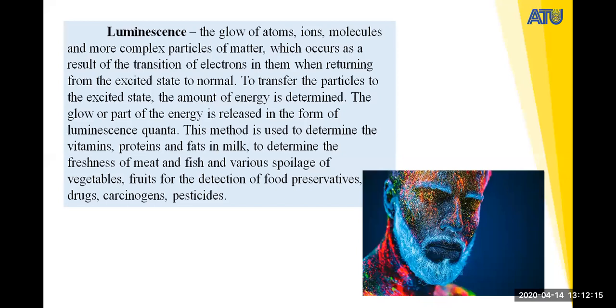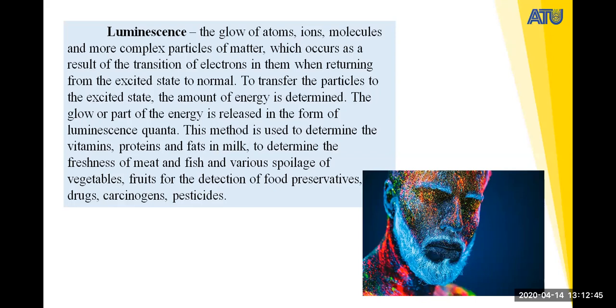Next slide about luminescence. Luminescence is the glow of atoms, ions, molecules, and more complex particles of matter, which occurs as a result of the transition of electrons in them when returning from the excited state to normal. To transfer the particles to the excited state, a certain amount of energy is needed.